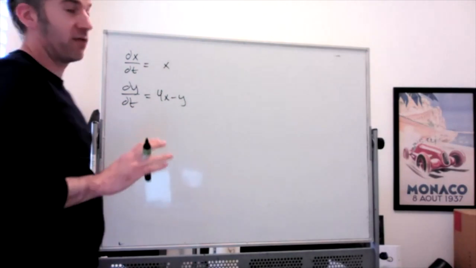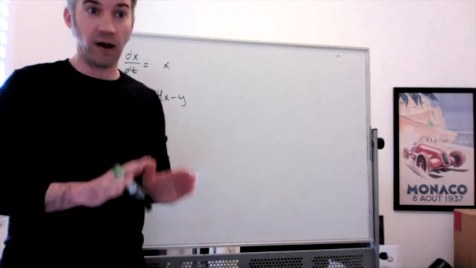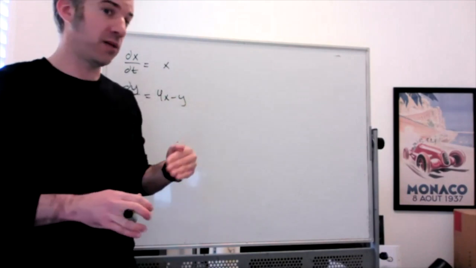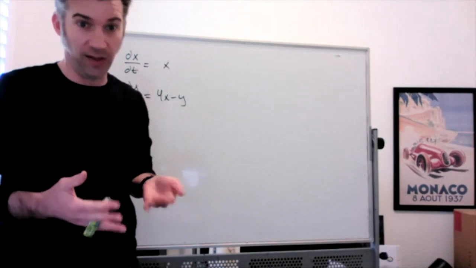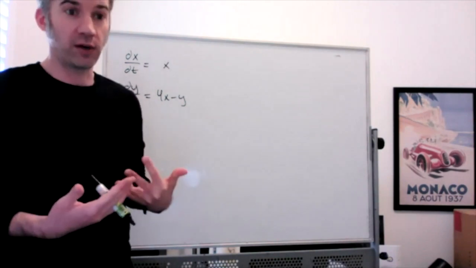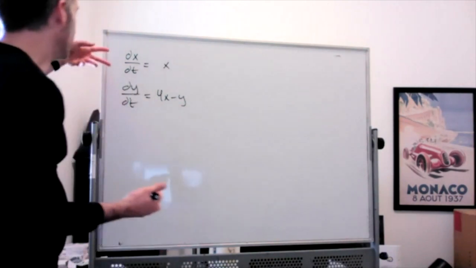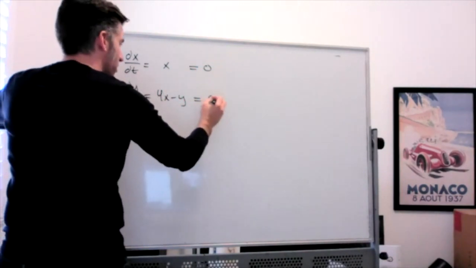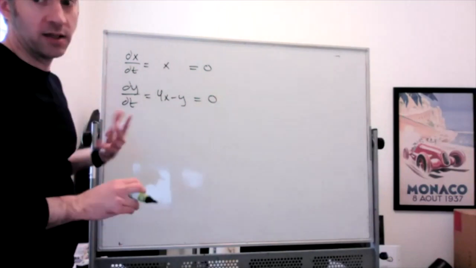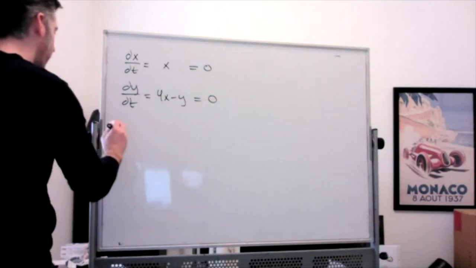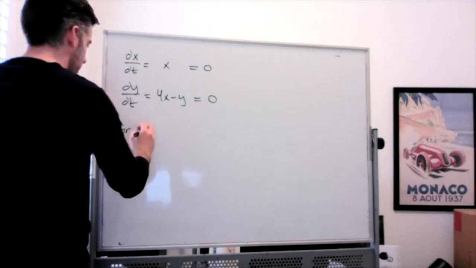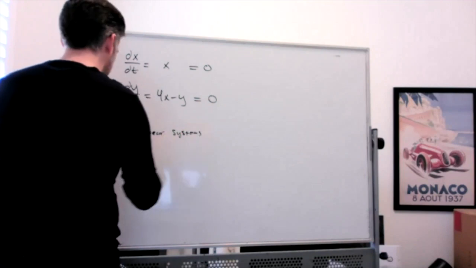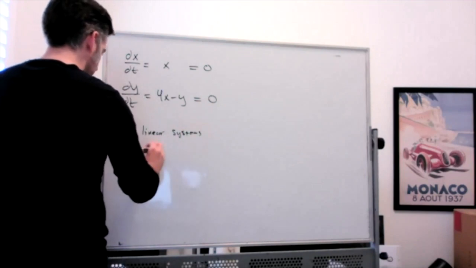So when you're finding an equilibrium, I want to make this exceptionally clear. When you're finding an equilibrium, you're talking about the rate of change being 0, right? Things aren't changing if we're in equilibrium, which means the derivative should equal 0, and the derivative should equal 0. And something worth knowing is that for linear systems of differential equations, right?